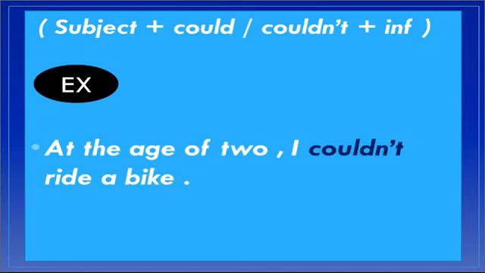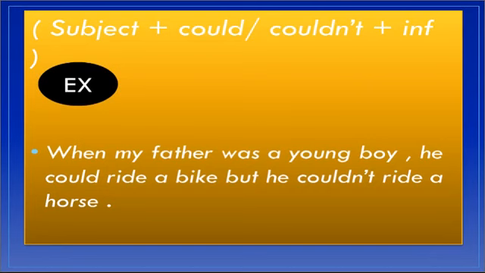Okay, let's have another example. When my father was a young boy, he could ride a bike, but he couldn't ride a horse. When my father was a young boy، هنا الجملة دي بتعبر about the past.